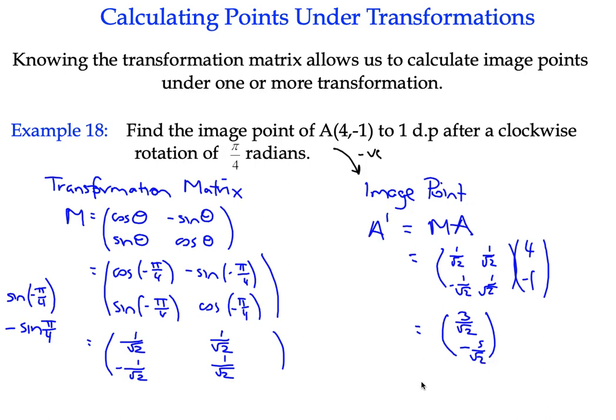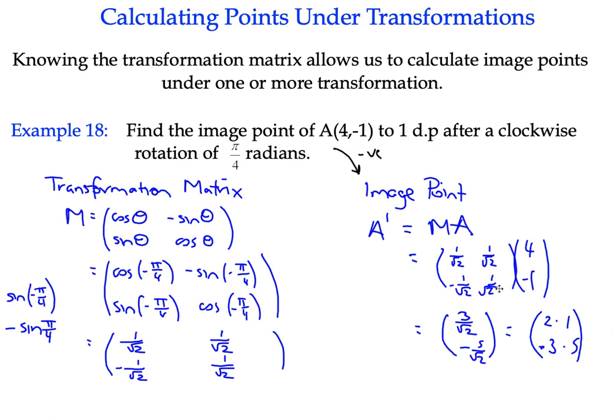Okay, now you can see that that's not a particularly helpful form, so I'm going to write them as decimal approximations. I'm going to take my calculator and go 3 divided by root 2 is 2.121, which to one decimal place is 2.1, and negative 5 divided by root 2 is negative 3.53, which is negative 3.5, both to one decimal place.